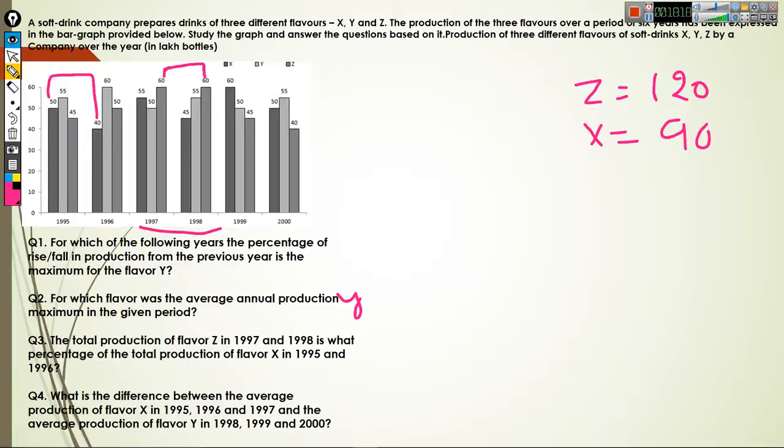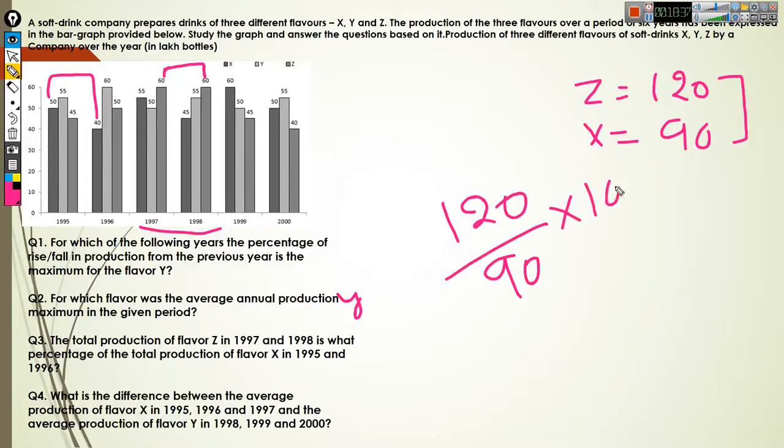So what we have to find is what percent 120 is of 90. So 120 divided by 90 multiplied by 100.